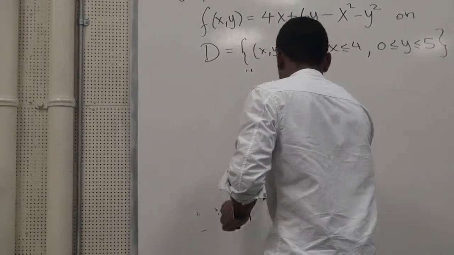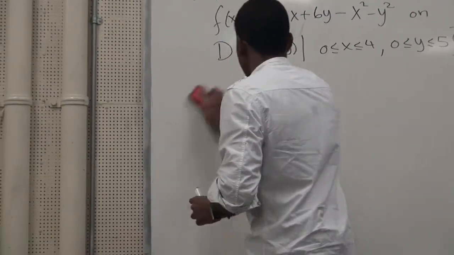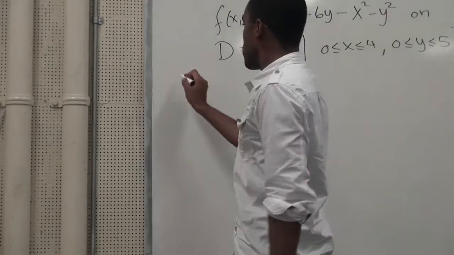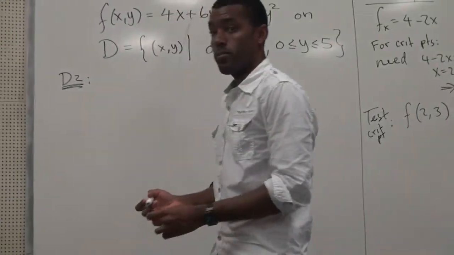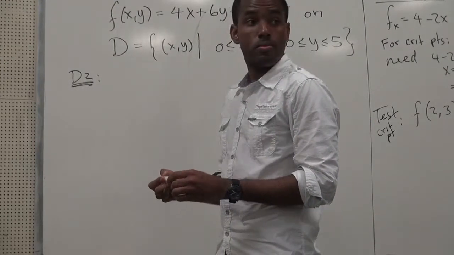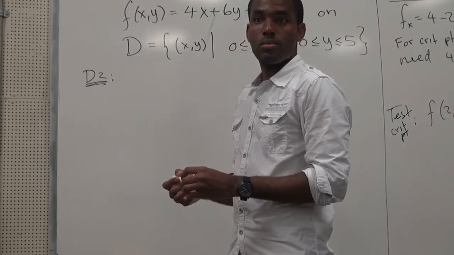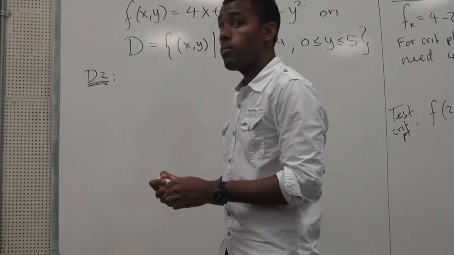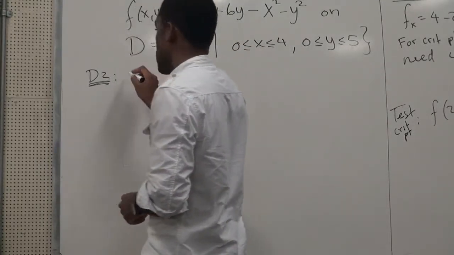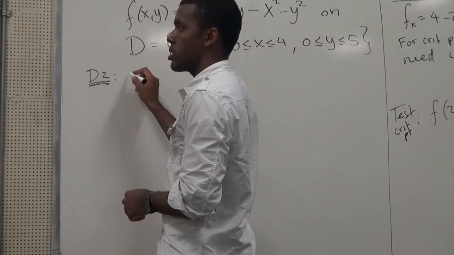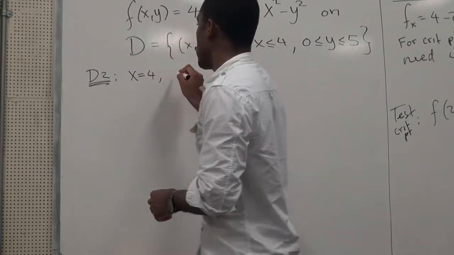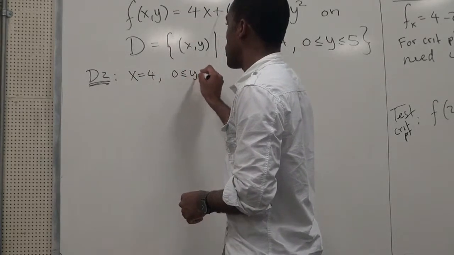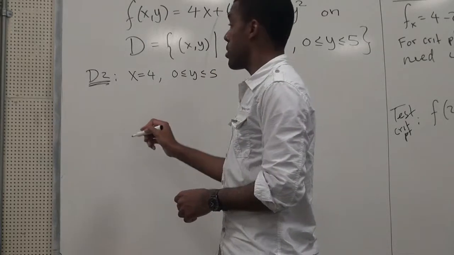So let's continue. Now if we're on D2, let's do D2. What's our function? X equals 4, and it's bounded on y goes from 0 to 5.